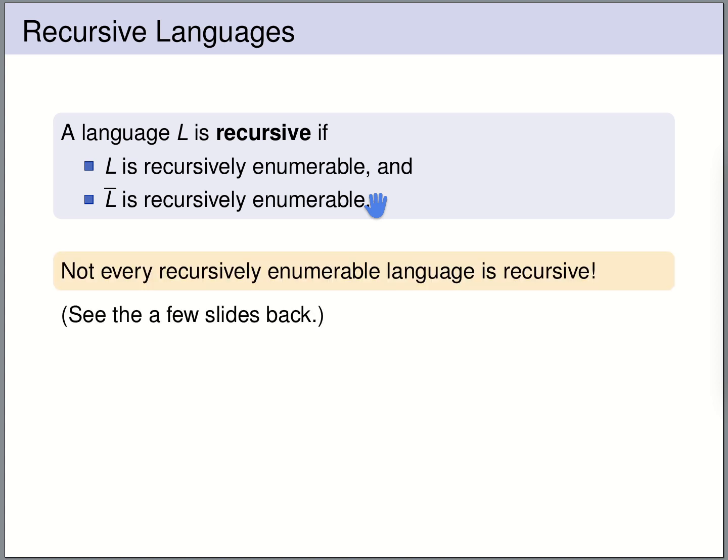So we know already that not every recursively enumerable language is recursive. A few slides back we've seen that the class of recursively enumerable languages is not closed under complement. So we have recursively enumerable languages for which the complement is not recursively enumerable, and these languages are not recursive.